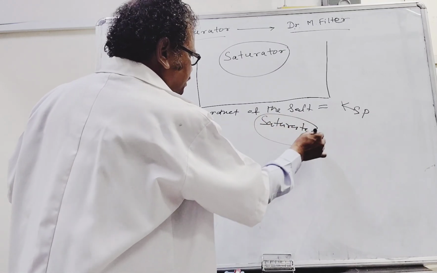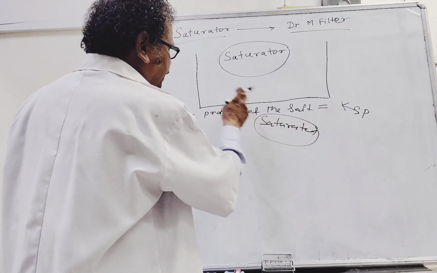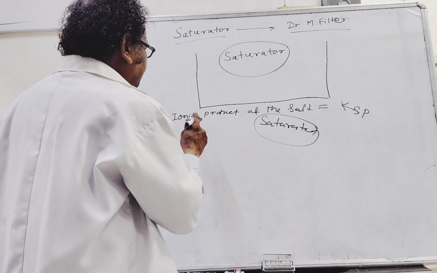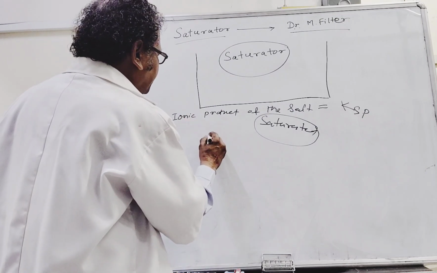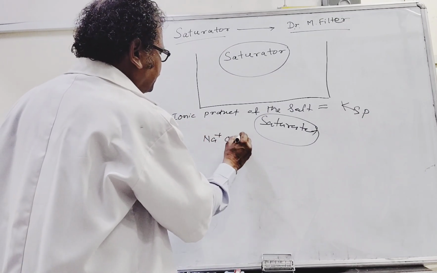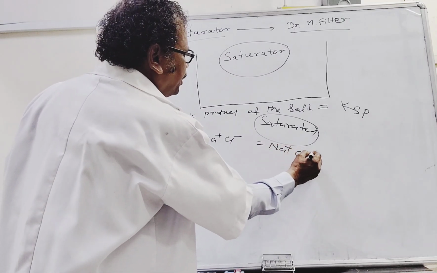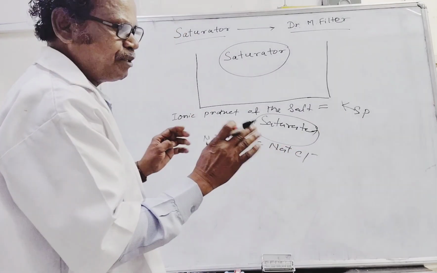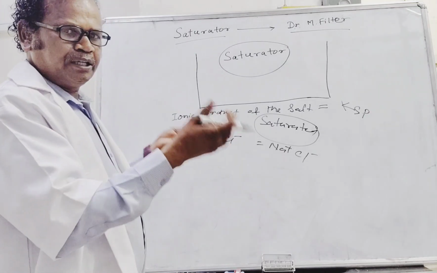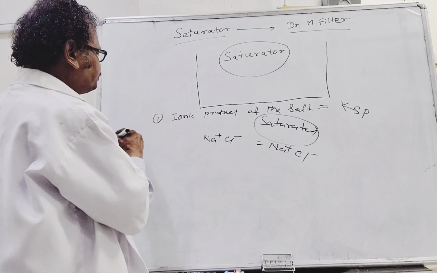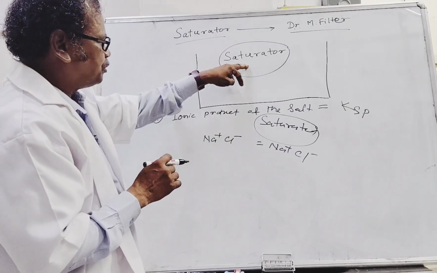From this word saturated, it came as saturator, because here the ionic product of NaCl is equal to the Ksp value of NaCl. That means 100% of the NaCl is dissolved in hot brine. That's why its name is saturator.